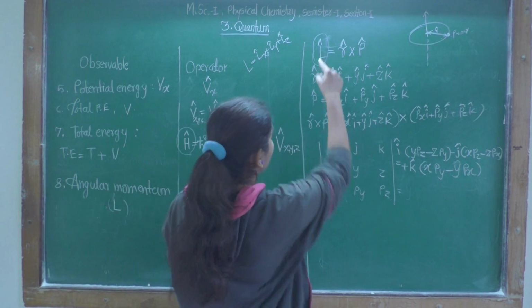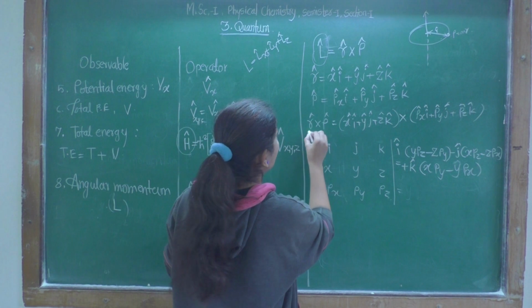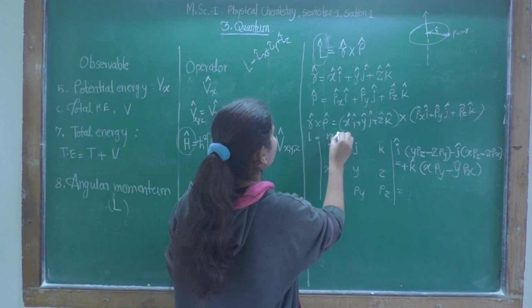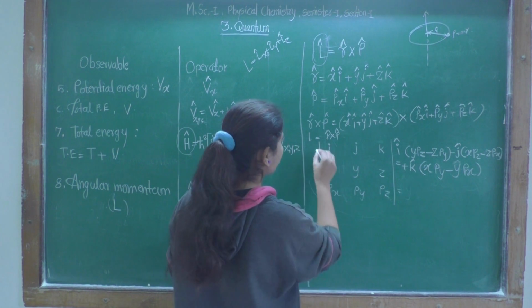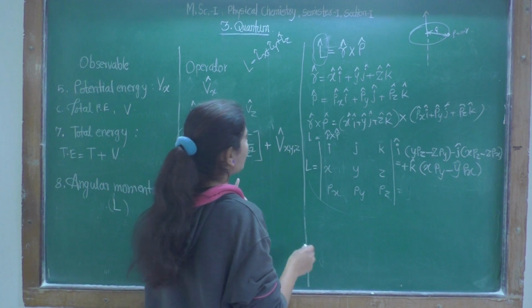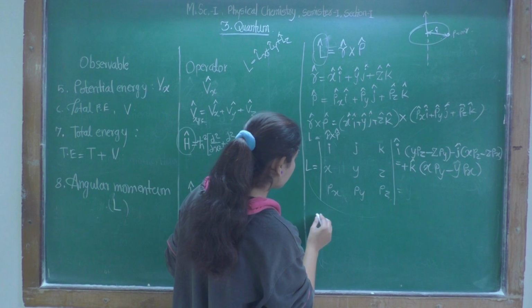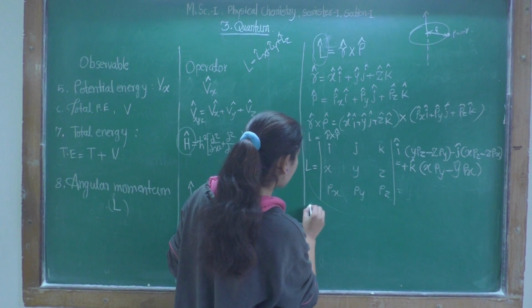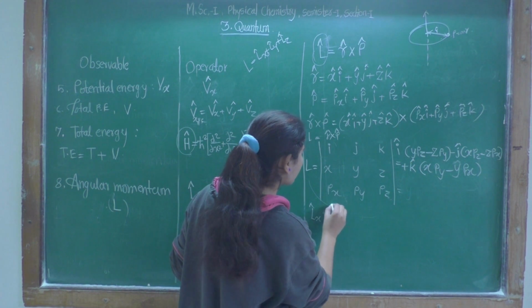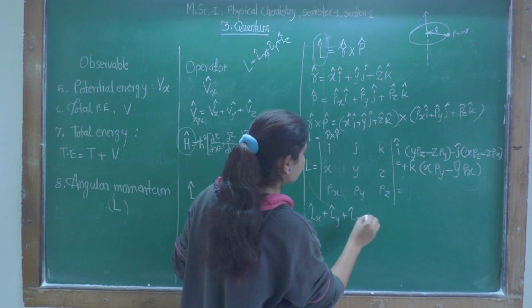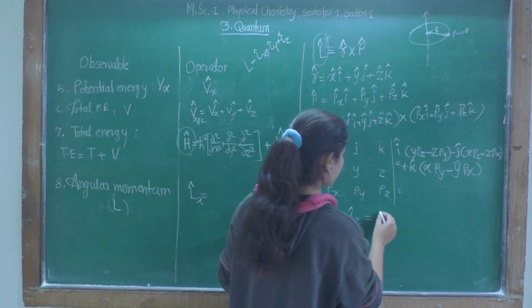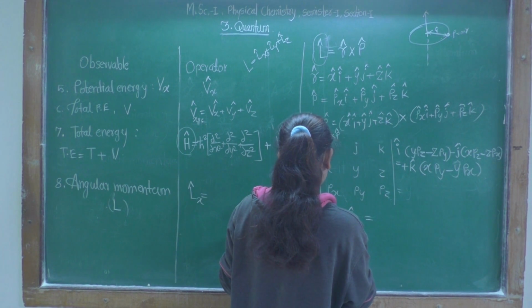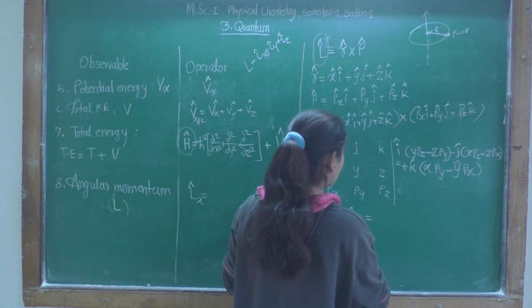So we can write L as L is equal to r cross p, right? This is the cross product of r and p. Therefore, L is equal to Lx cap plus Ly cap plus Lz cap, and it will be equal to the determinant of i, j, k.